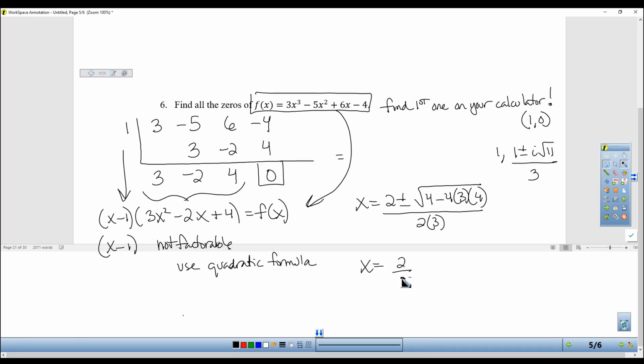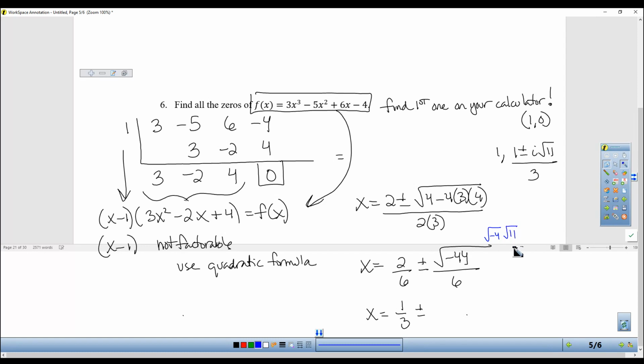So remember, safest thing you could do is put them separate. And what does this give me here? 16 times 3 is 48, so minus 44. x is equal to 1/3 plus or minus. So when I think of this as parts I can do, the negative 4 is something I can do.